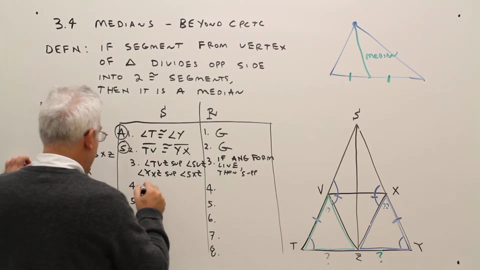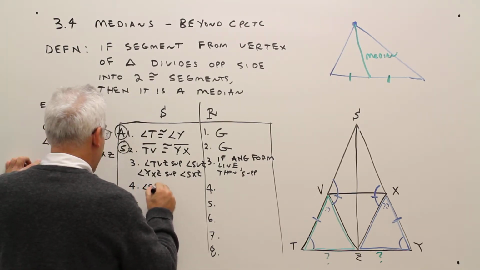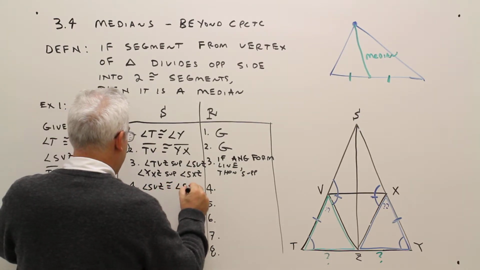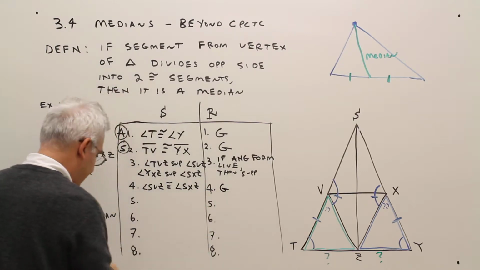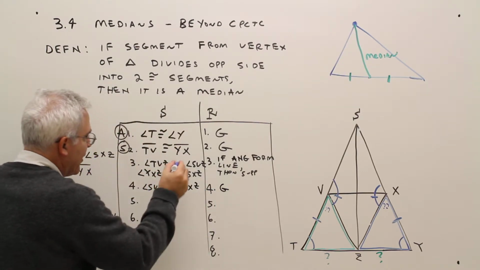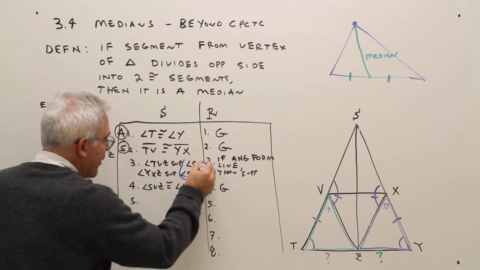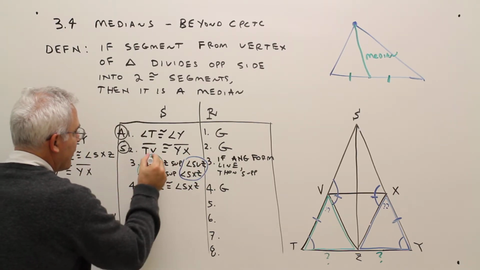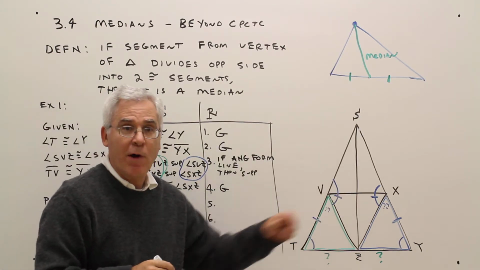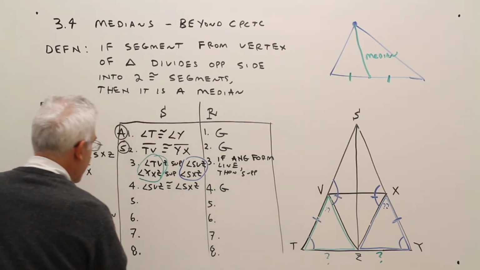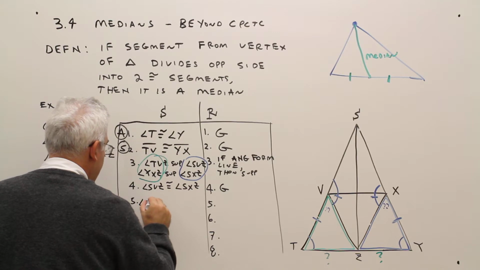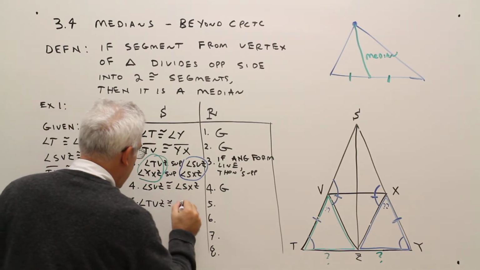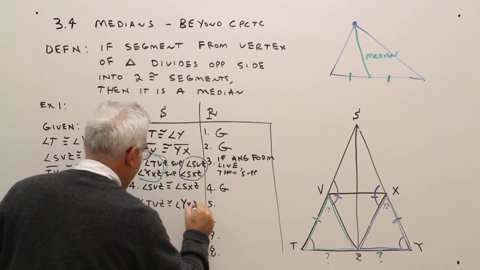Okay, now I'll get my congruence, and I can use that theorem from the first week of school. So my congruence was angle SVZ was congruent to angle SXZ. That was given. So now if these things are congruent, then these things are congruent. And that's what I wanted. So angle TVZ is congruent to angle YXZ.